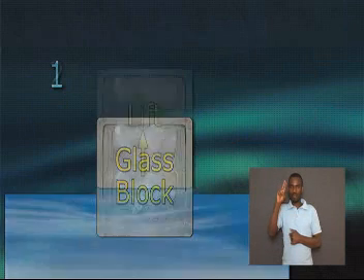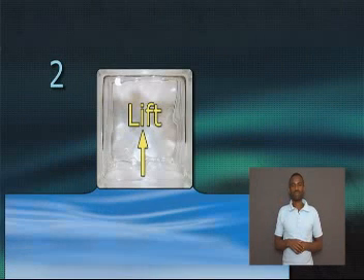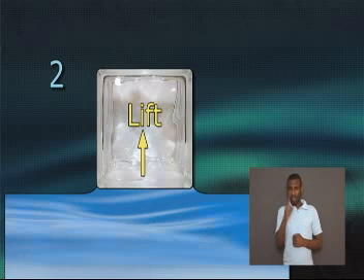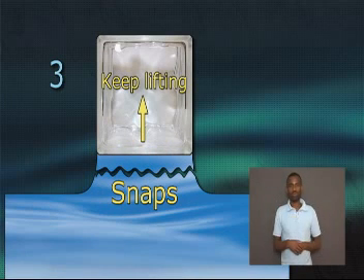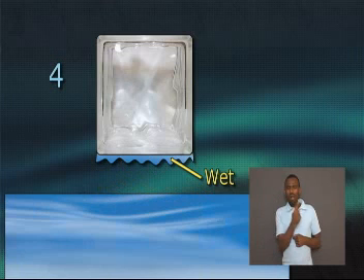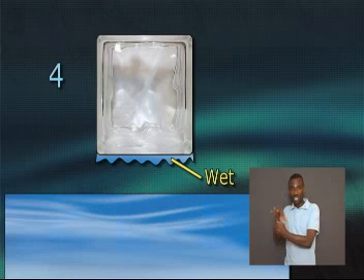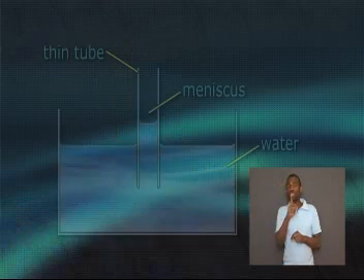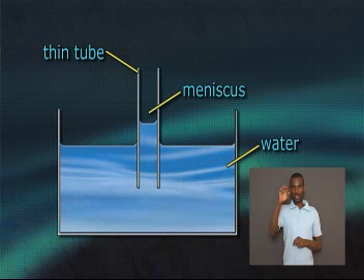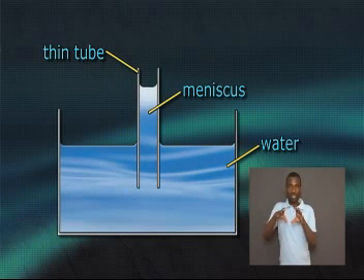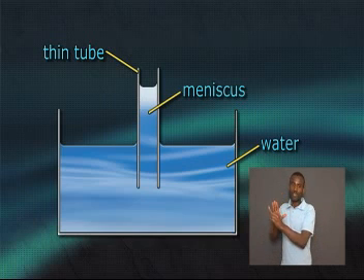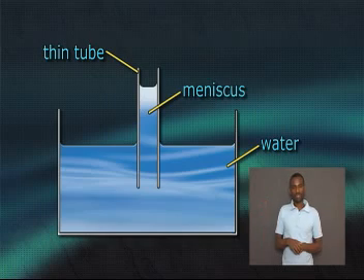Students, if you lower an object into a glass of water and then slowly pull it out, you will notice that some of the water stays attached to the object. This is due to adhesion. The adhesive forces that cause the water to be attracted to the object are even strong enough to pull a column of water some distance up a narrow tube.